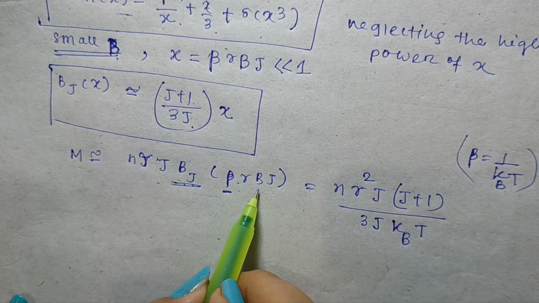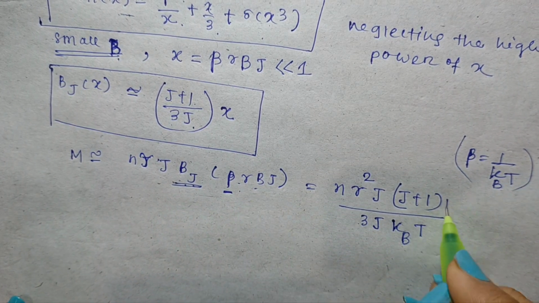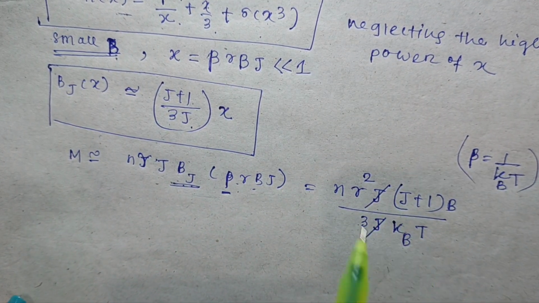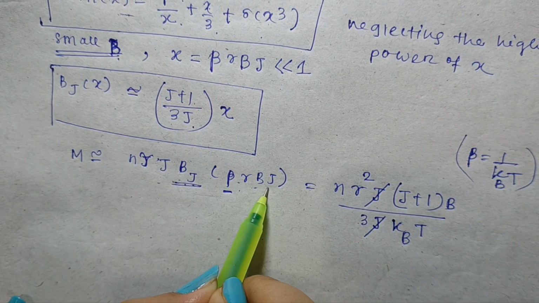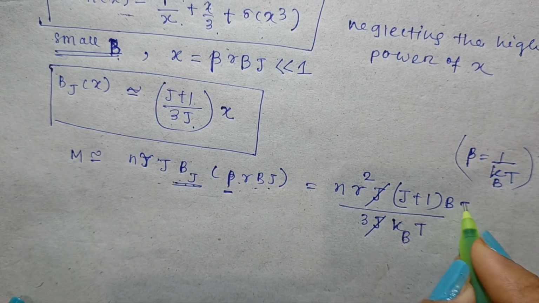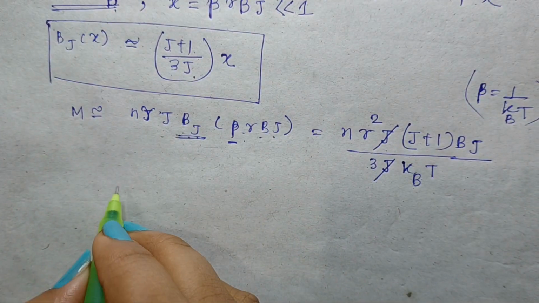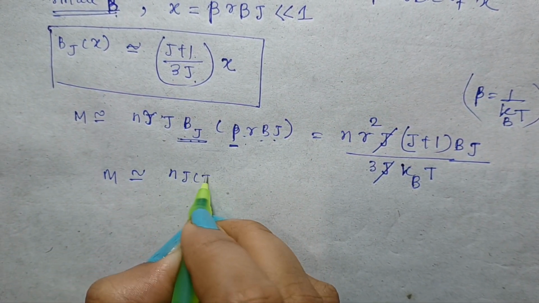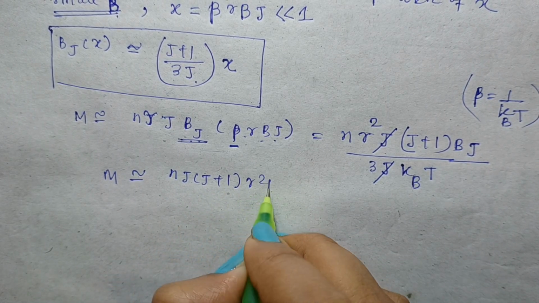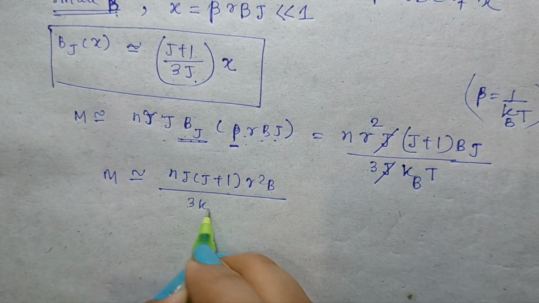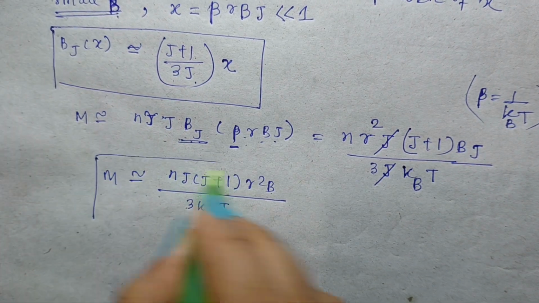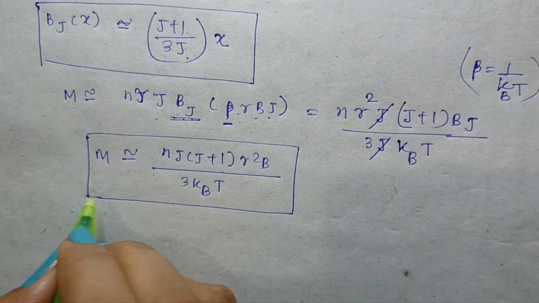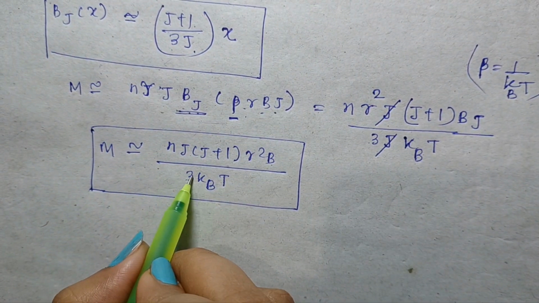And B is here, j got cancelled, but another j is present, right? So what is the final expression of M? M will be N j (j+1) γ² B divided by 3 kB T. Okay, this is the final expression of M.